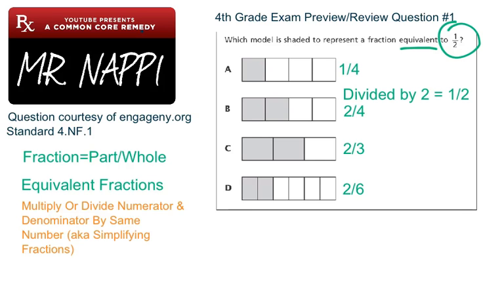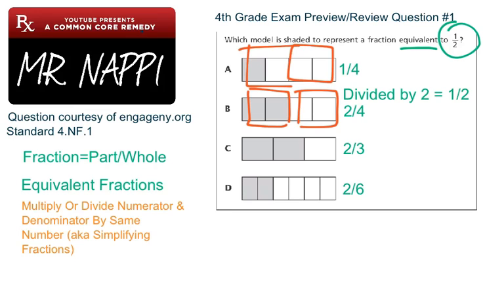Additionally, there are ways to work on these visually. So if you look at the choices A and B, you can actually break these up into sections of 2 as well. And here, if you look at B, one section is full of the 2 sections.